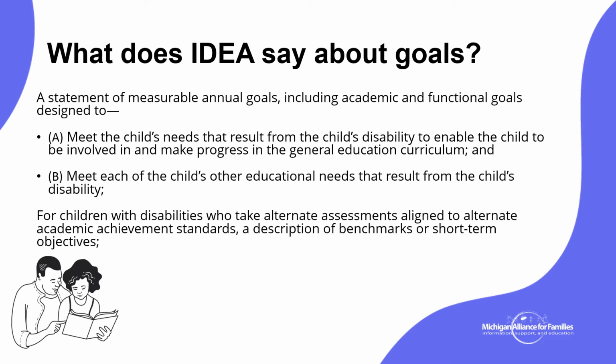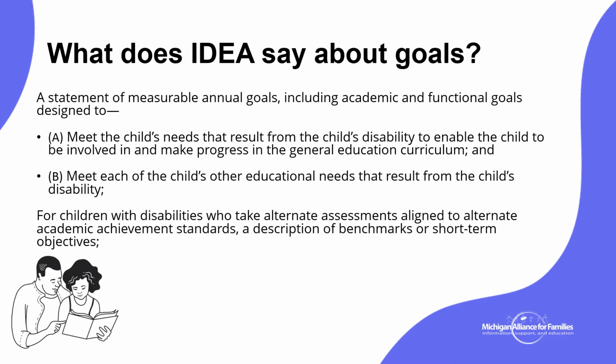It also does state in IDEA that for children with disabilities to take alternate assessments, and that's My Access in Michigan, then the content and learning is aligned to the alternative academic achievement standards, and a description of benchmarks or short-term objectives need to be included. So if your student is taking an alternate assessment, the goals may be tied to the alternate academic achievement standards as opposed to the main curriculum.